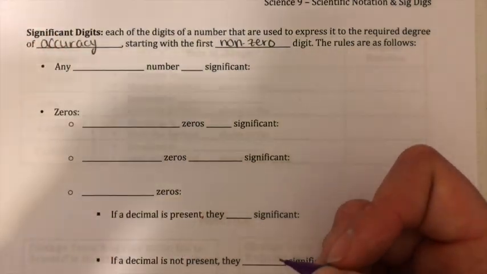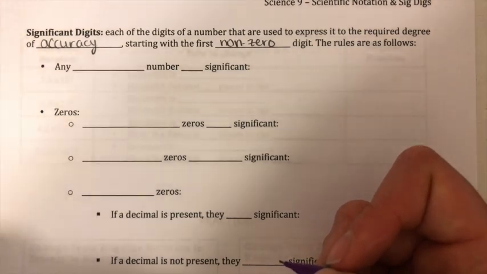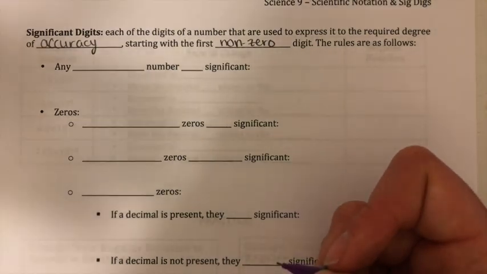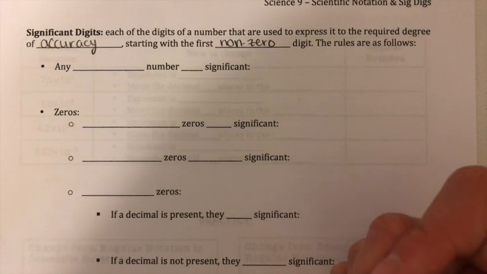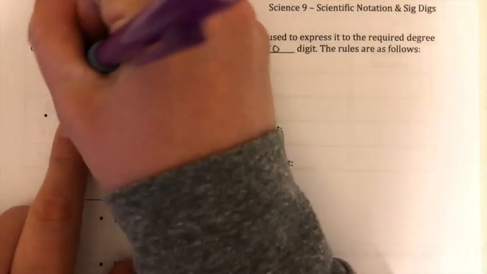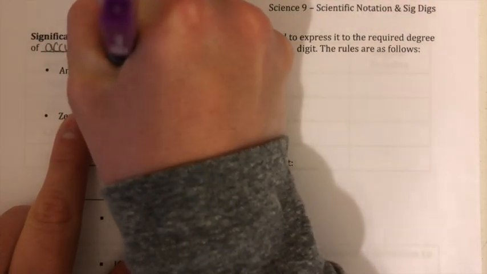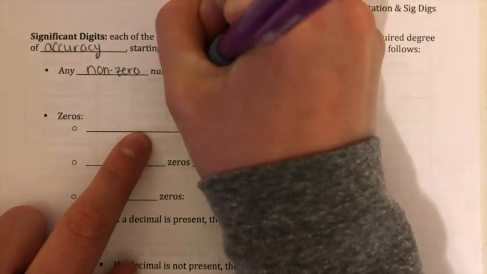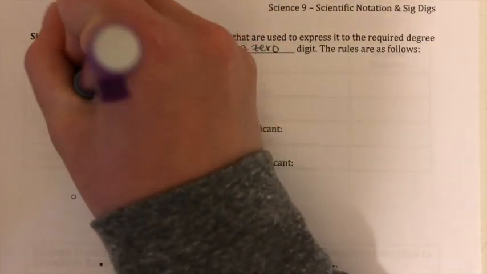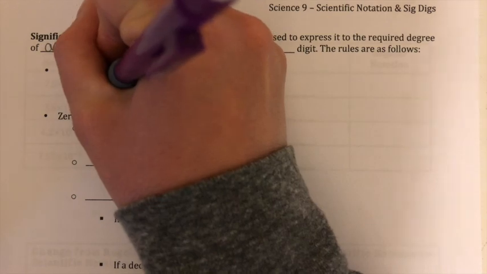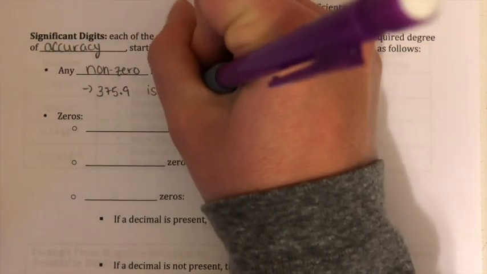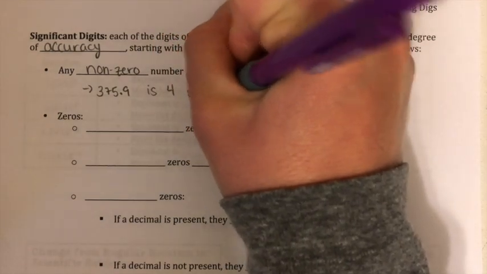Basically, significant digits is counting how many digits there are, and the more digits there are, the more accurate something is going to be. So basically any non-zero number, any number that's not a zero, is significant. So 375.9 is 4 SIGDIGS, right?